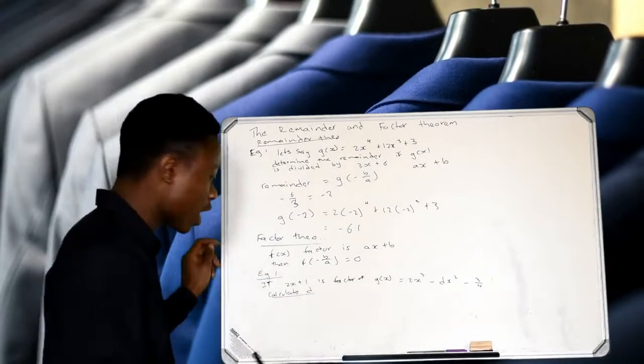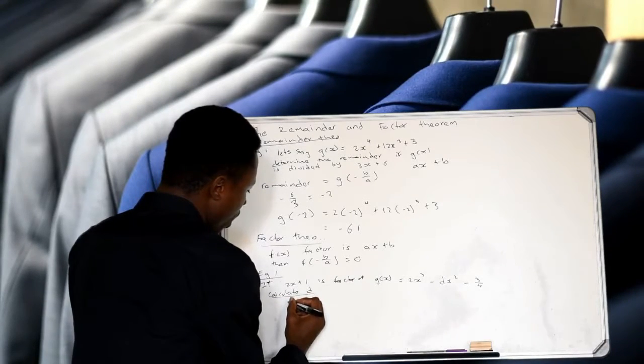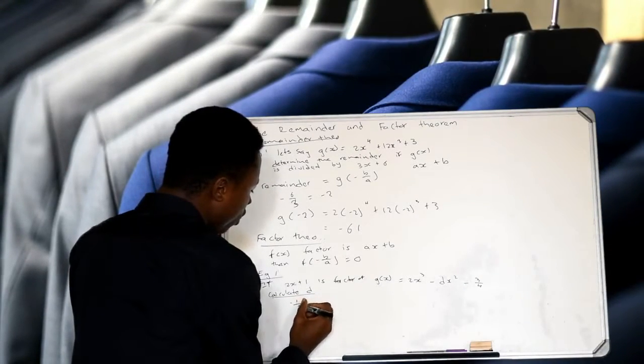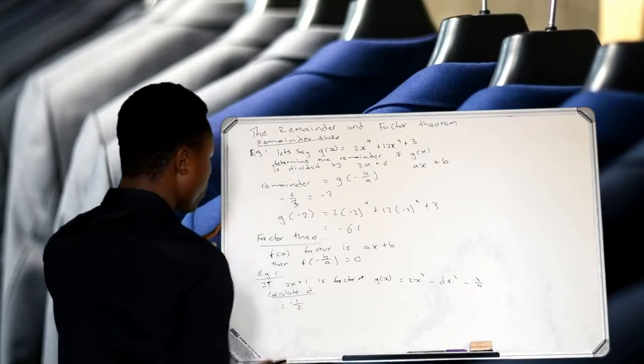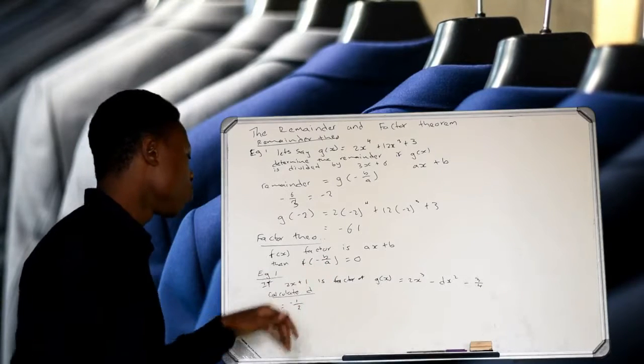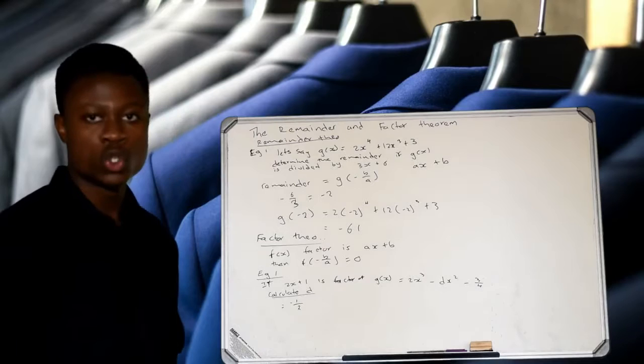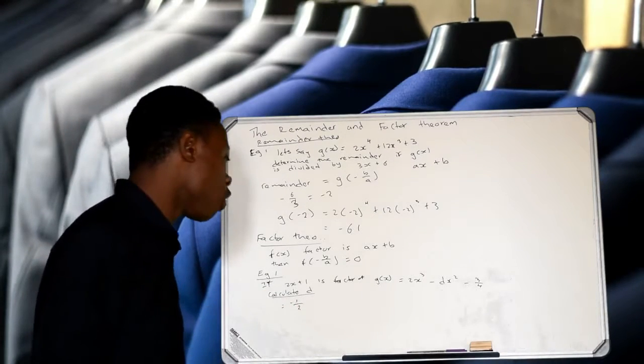This would be equal to negative 1 over 2. Why? Because it's negative b over a. Negative b is negative 1, over a, which is 2. That's how I ended up with negative half.